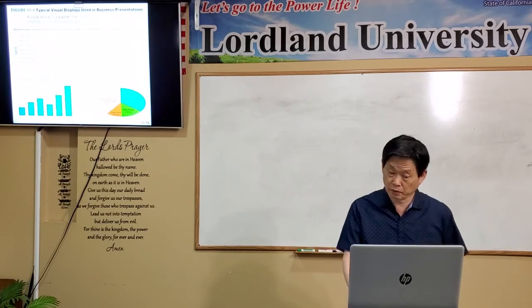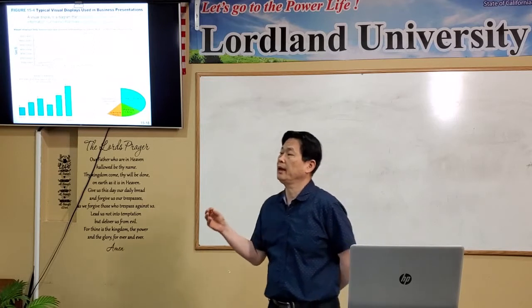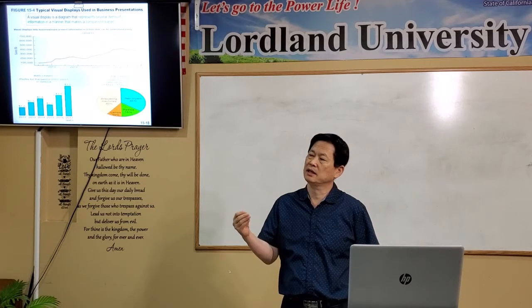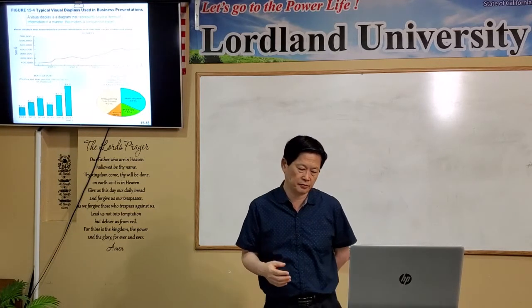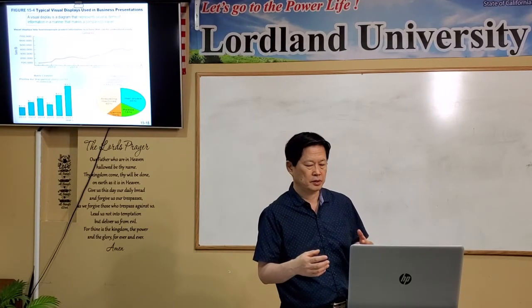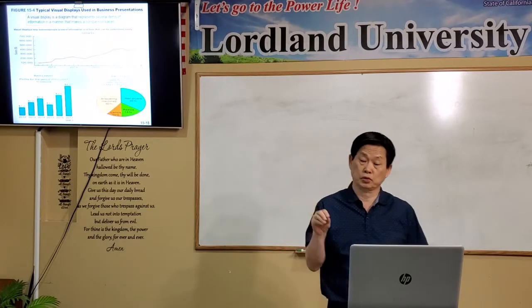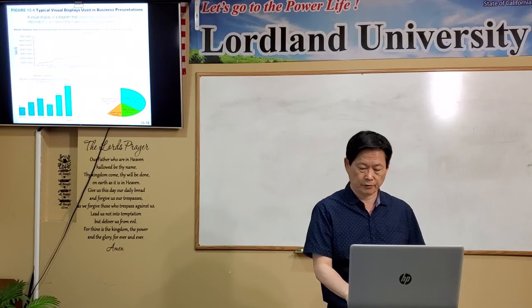Which type of visual display is better for our company? Each type of visual display has advantages and disadvantages. Therefore, it's the manager's job to choose which is better for our company.